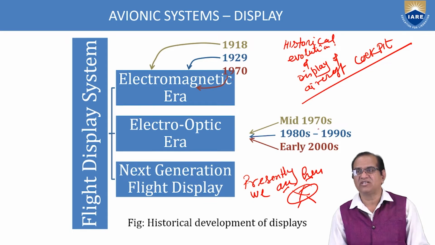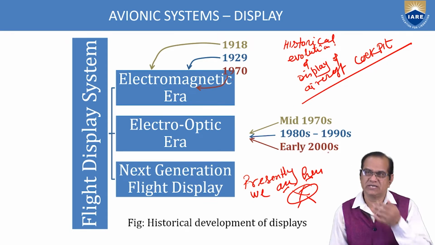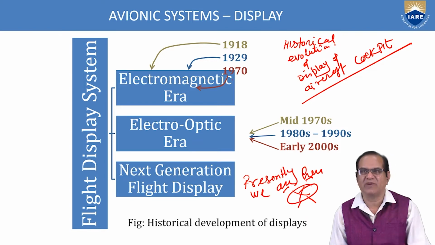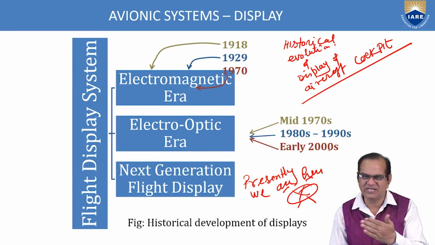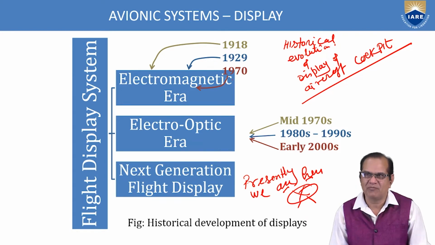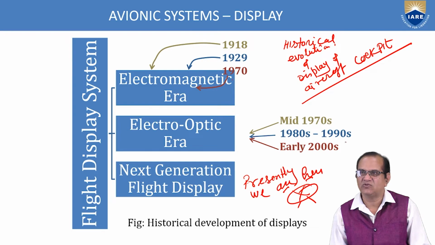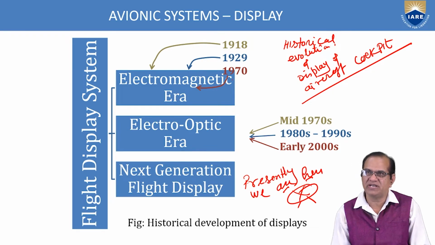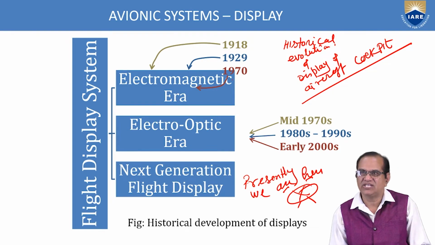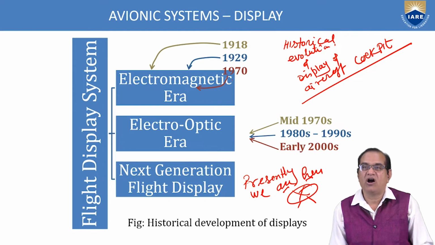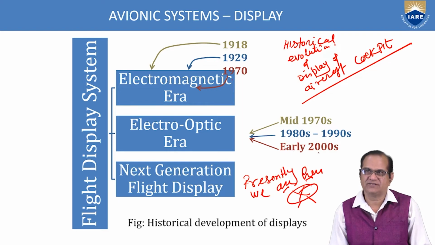From 1970 to the year 2000 and nearby, it is not exactly 2000, it may be 4-5 years plus or minus, the electro-optical years came. 1970s, then 1980 to 1990s, some more development, and then 1990 to 2000 and early 2000. The electro-optical era was very much dominant.